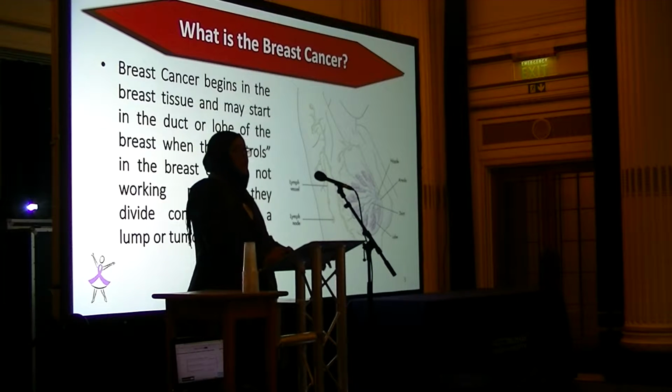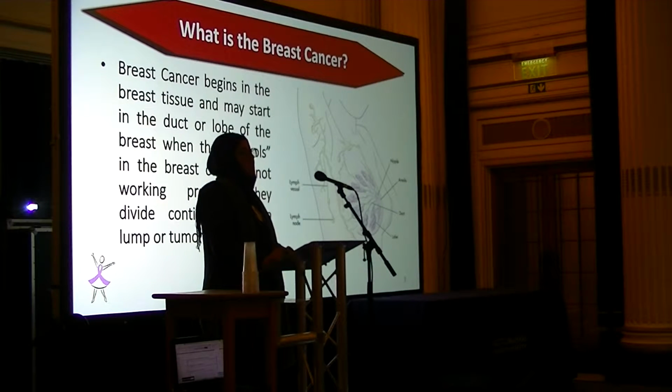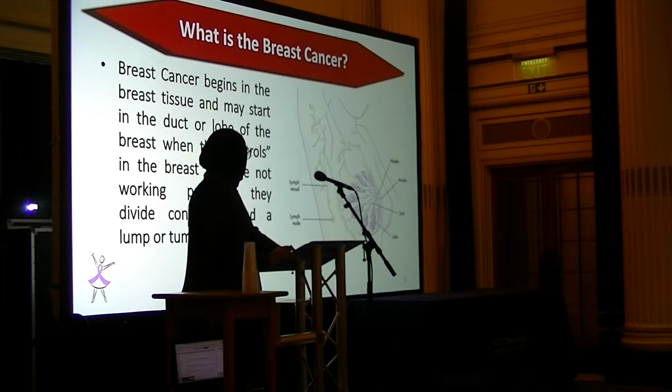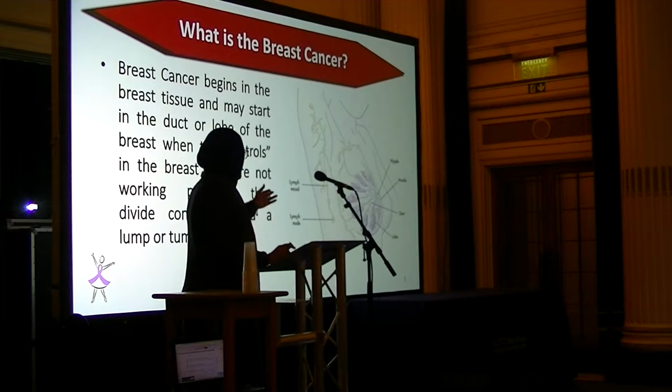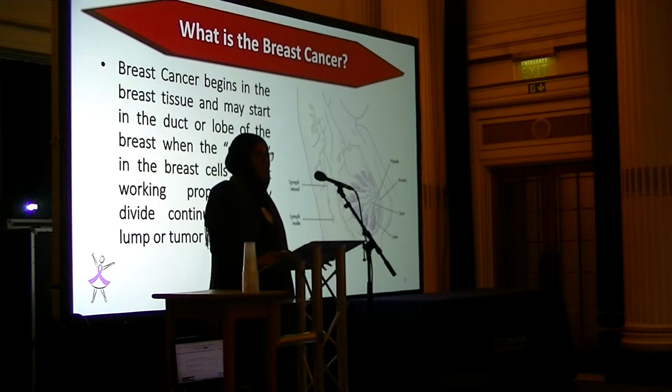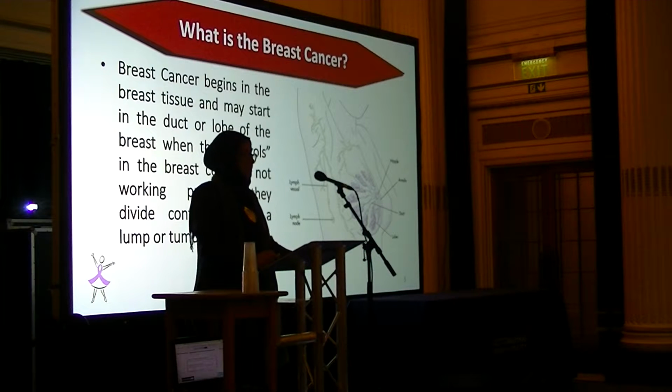I'd like to start by looking at what breast cancer is. Breast cancer begins in the breast tissue and may start in the duct or lobe. When the controls in the breast cells are not working properly, they divide continually and a lump or tumor is formed.